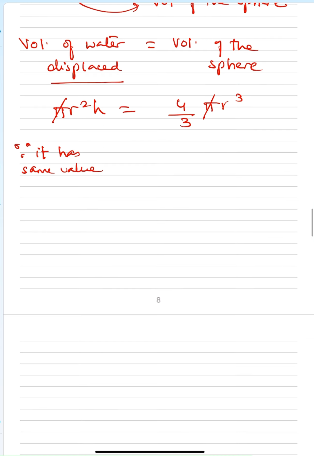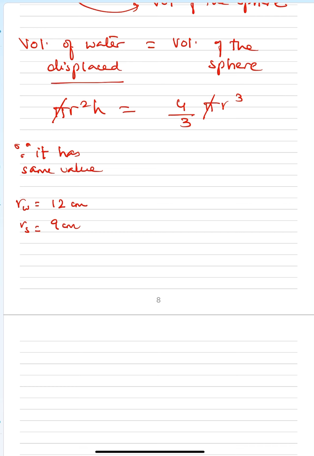Now first we will understand what is the radius of the water. Let me write here, radius of the water is nothing but 12 centimeters, and radius of the ball, that is rs, the radius of the sphere, is equal to 9 centimeters.